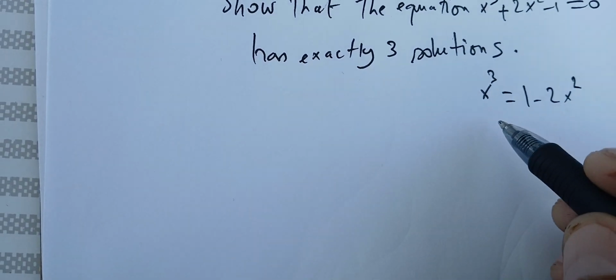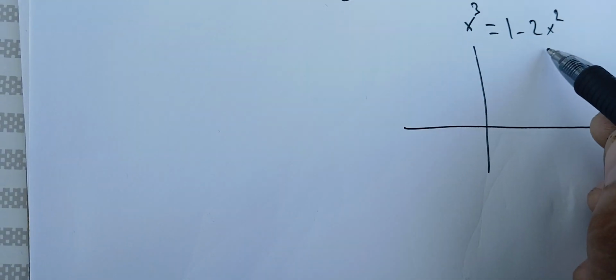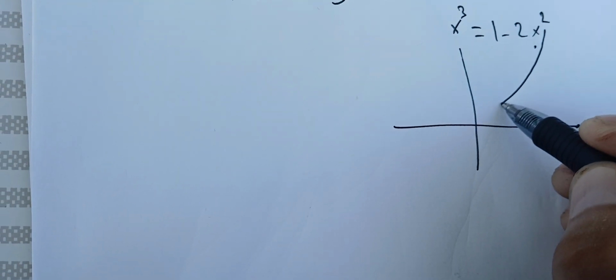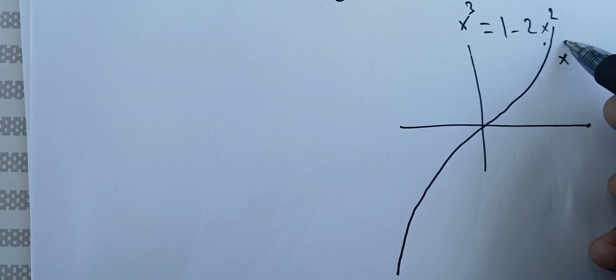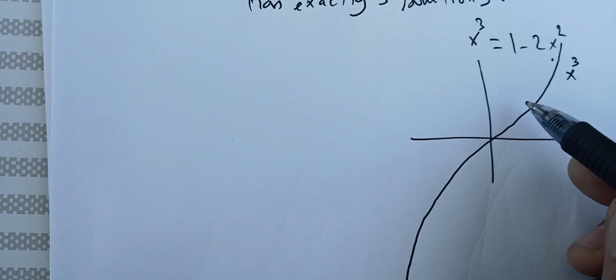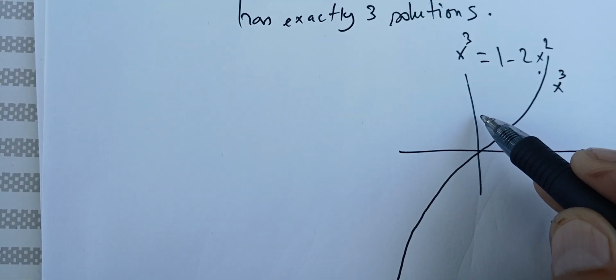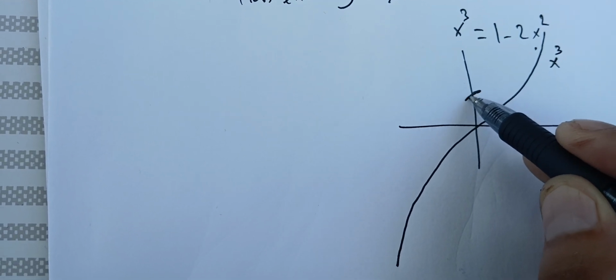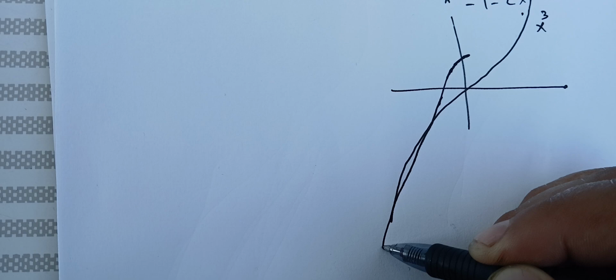We know the graph of x cubed. It's something like this. Okay, so this is x cubed. For 1 minus 2x squared, when x is 0, it's going to be 1, so it starts from here, and it's going to go like this.